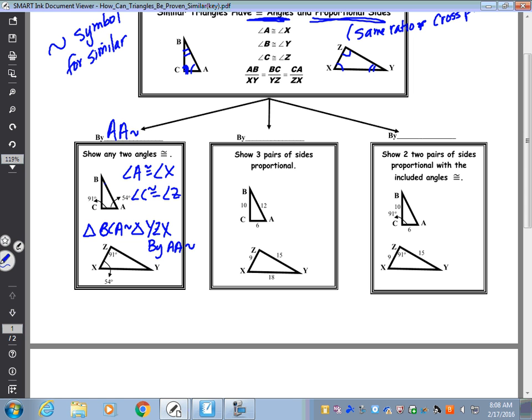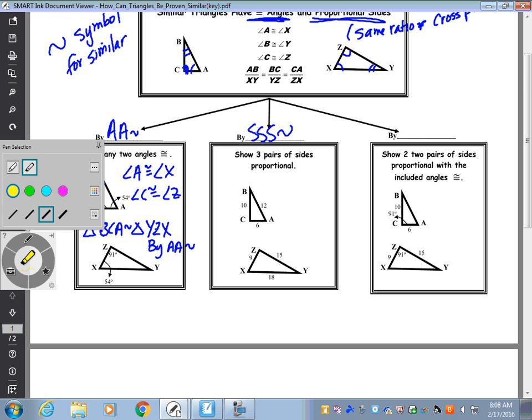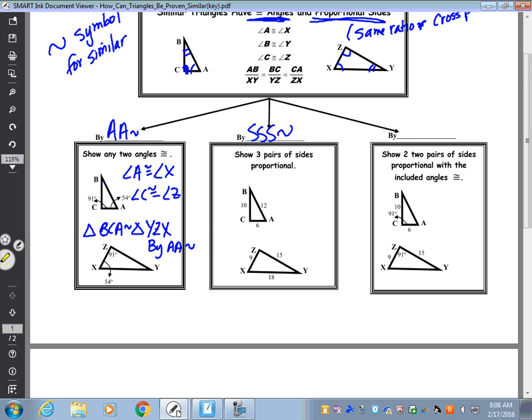All right, the other one is what we call side-side-side, SSS similarity. We're going to show that three pairs of sides are proportional. I have to check the ratios of the corresponding sides and see if they are the same, or see if the cross products are the same.